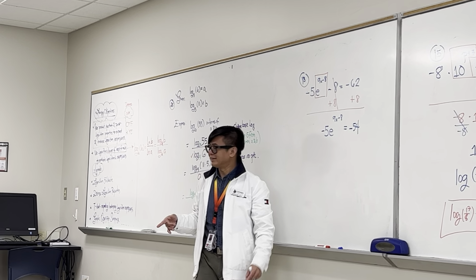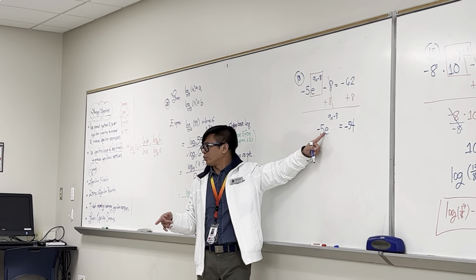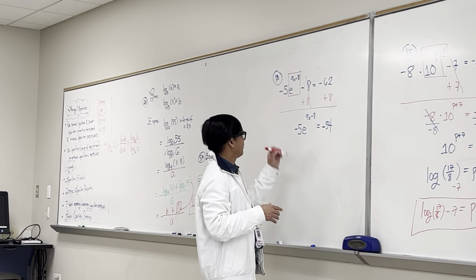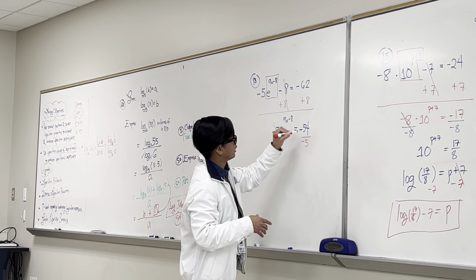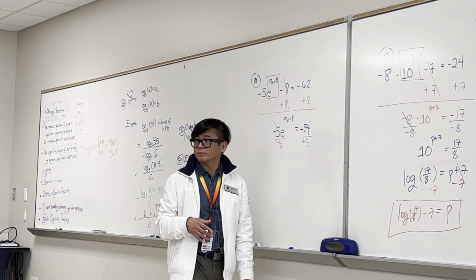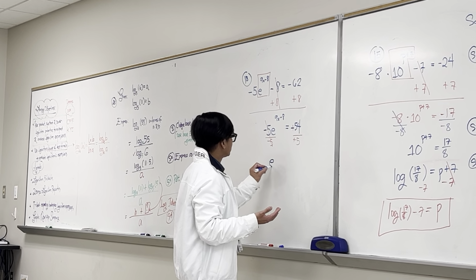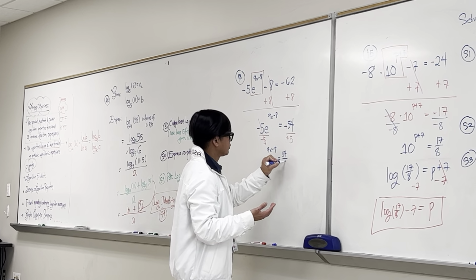Jeremy? You divide by negative 5, since this is times and the inverse of multiply is divide. Very good. So this will cancel out, and the negatives will cancel out. So we got e to the 9x minus 8 is equal to 54/5.